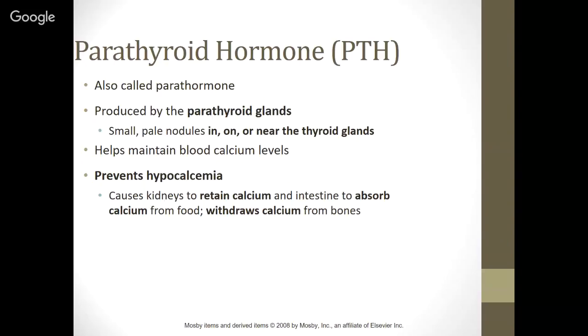They prevent hypocalcemia, whereas calcitonin helps to prevent hypercalcemia. If there's too little calcium in the blood, the parathormone causes the kidneys to retain calcium and the intestine to absorb calcium from food, and it will actually withdraw calcium from the bones.